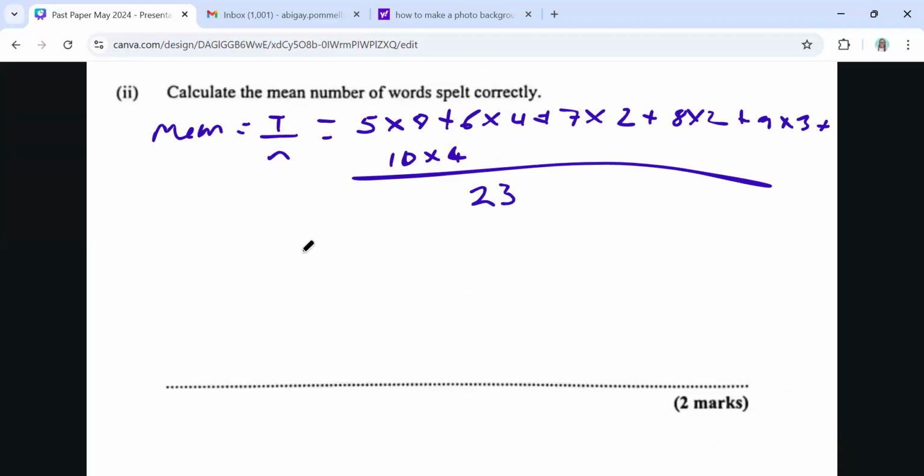All right, so we're going to put everything here in our calculator and see what we get. I mean, everything on the top, the numerator. 7 times 2. 8 times 2. Plus 9 times 3. Plus 10 times 4.